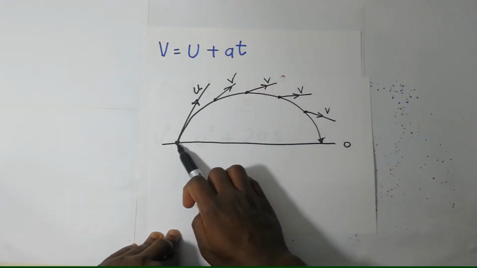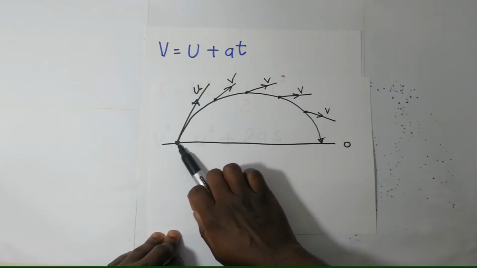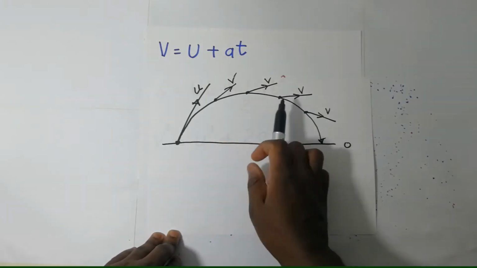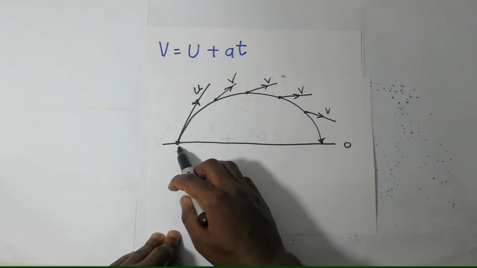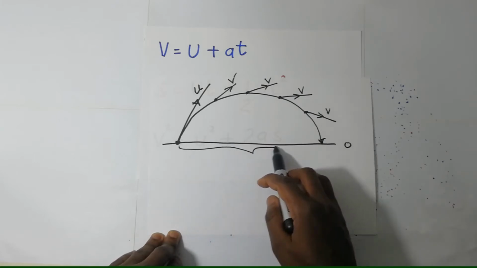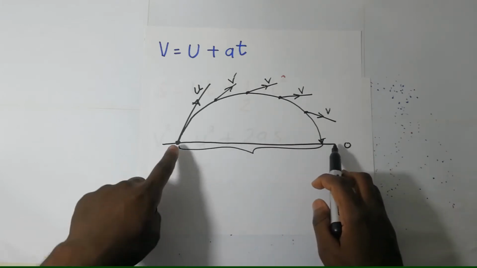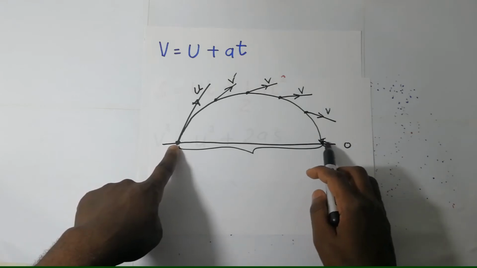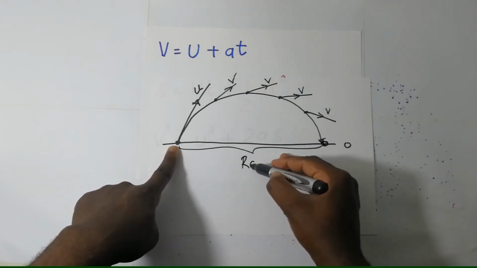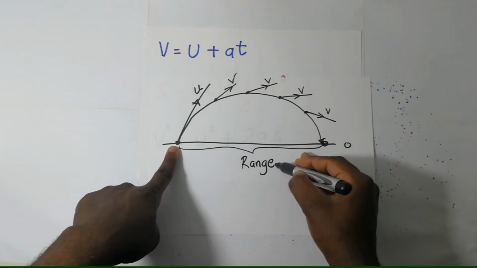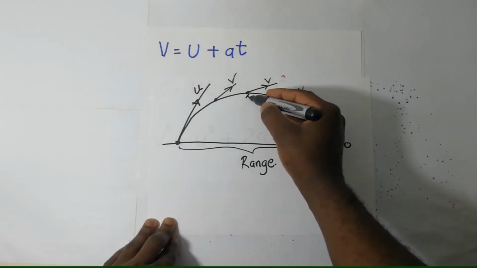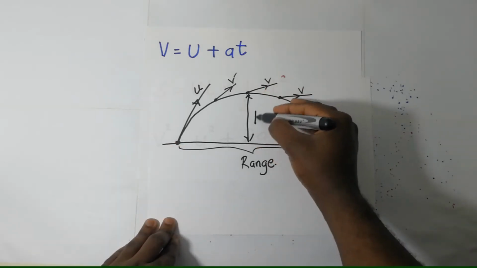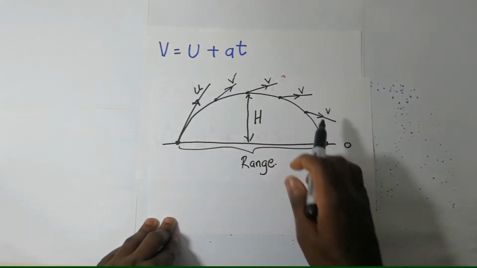When it's beginning, it's the initial velocity u, and as it's moving along, that's the final velocity. We all know that the horizontal distance it covers from the point of projection up to here is what we're calling the horizontal range, and this is the maximum height it achieves while it's moving.